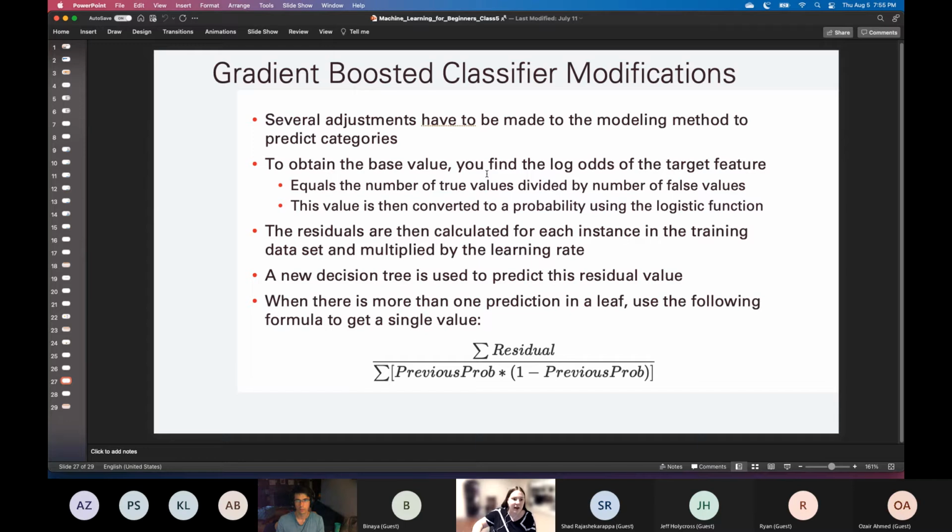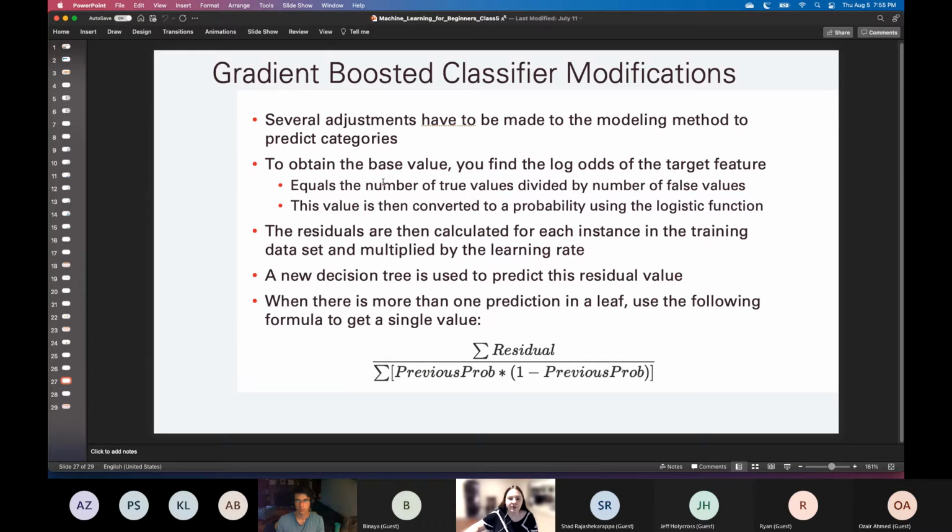I went over the log odds in detail in the ridge regression and lasso regression class that I did, but it basically bounds it between 0 and 1. So now we have a probability score instead of a predicted value that is continuous.